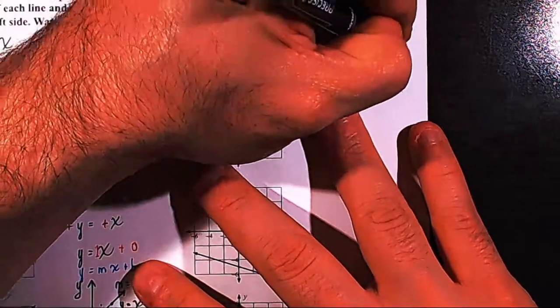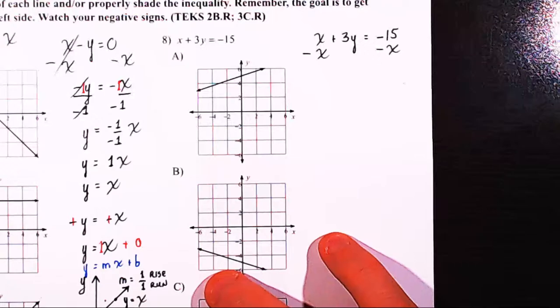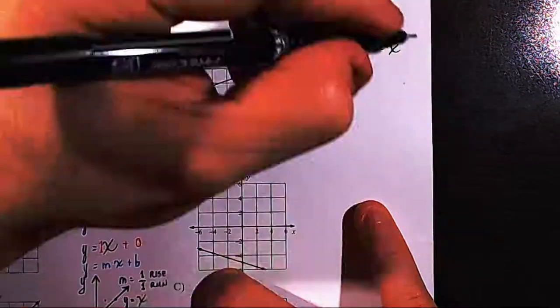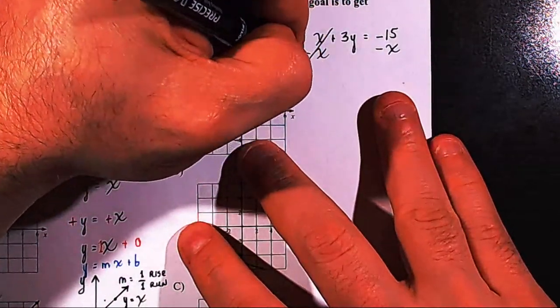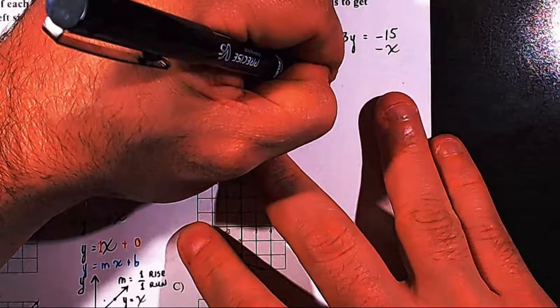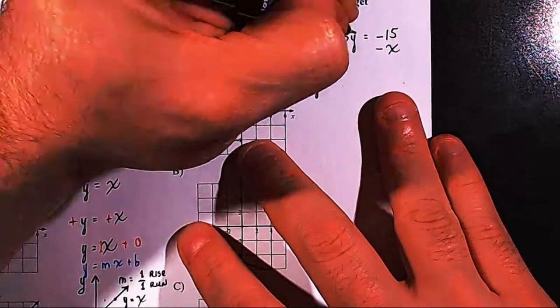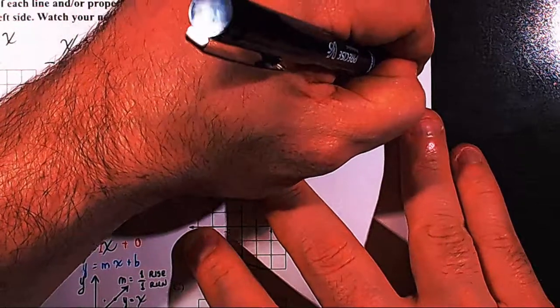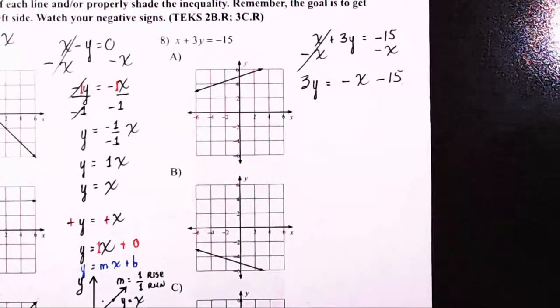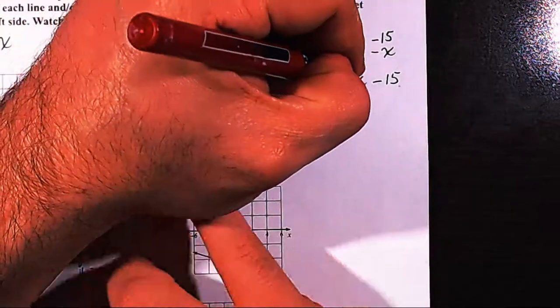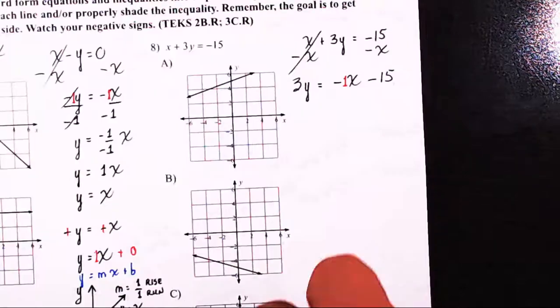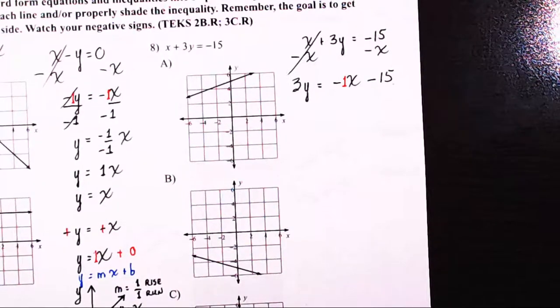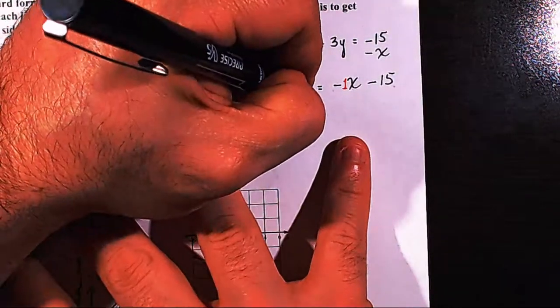Subtract x from both sides. On the left, the x's cancel, and I'm going to move this over a little bit. I've got 3y equals negative x minus 15. Okay, at this point, it is super helpful to remember that there is a 1 hiding right there, because I'm about to divide every term by 3.